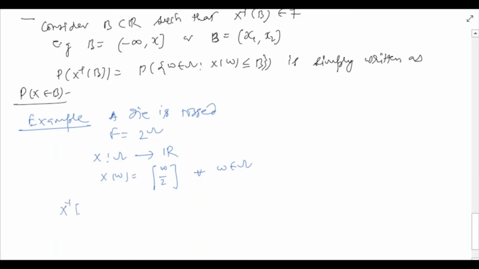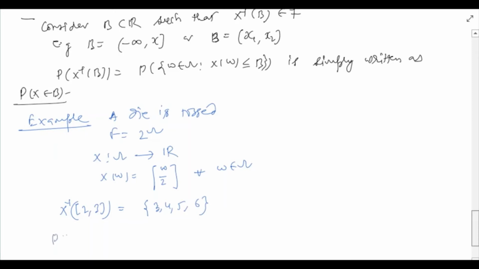Then the pre-image of the set [2, 3] will be the collection of all sample points that are mapped to numbers between 2 and 3, that is, that are mapped to 2 or 3, and it can be easily observed that this pre-image is {3, 4, 5, 6}.